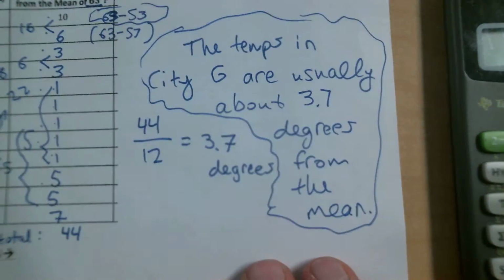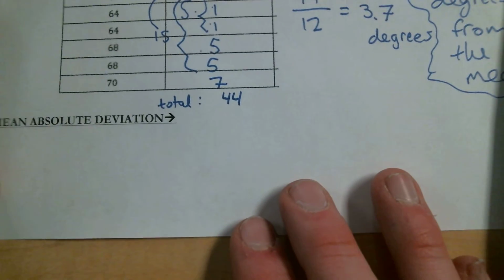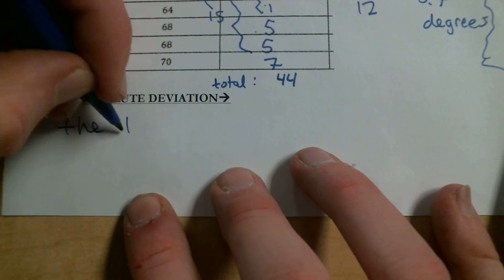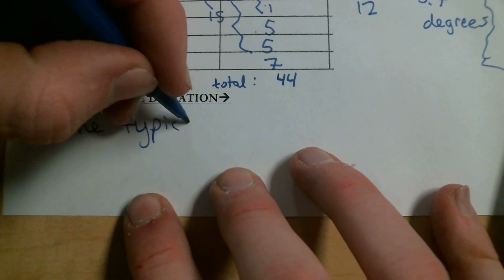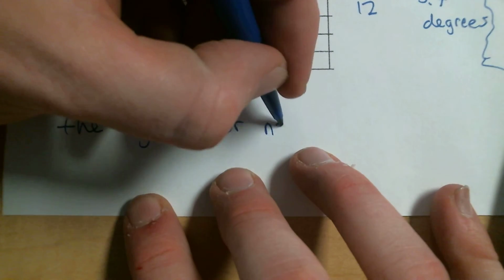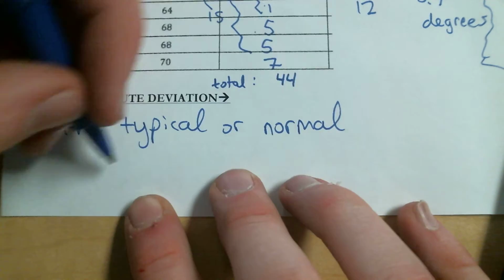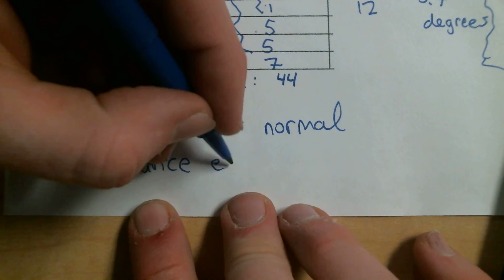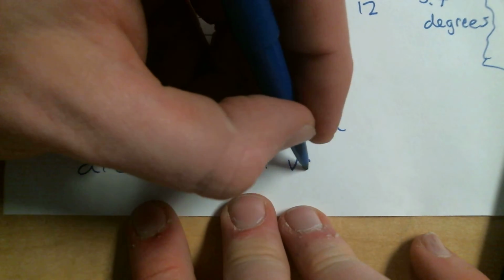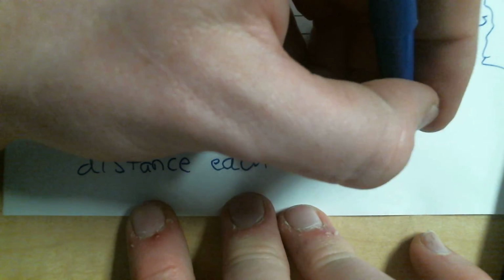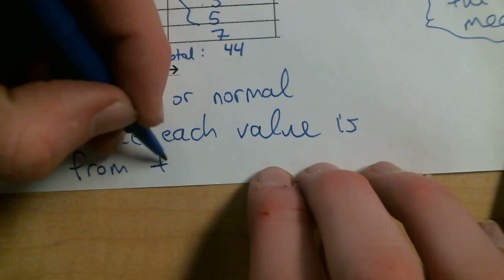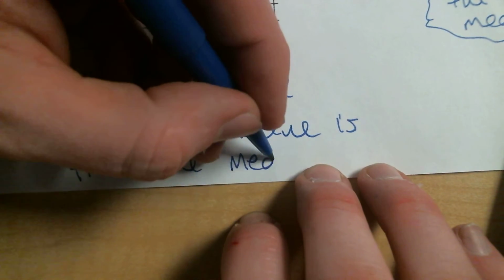So again, how did we figure that out? We found the mean absolute deviation. This represents the typical or normal distance each value is from the mean or from the center.